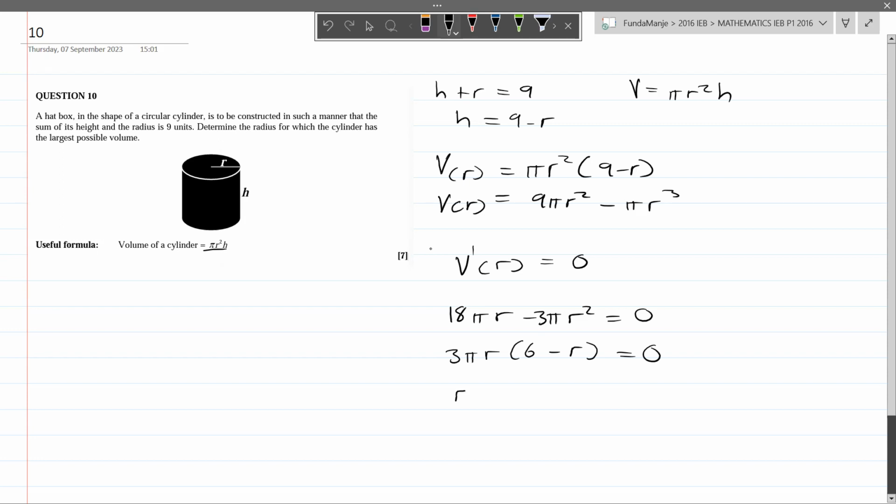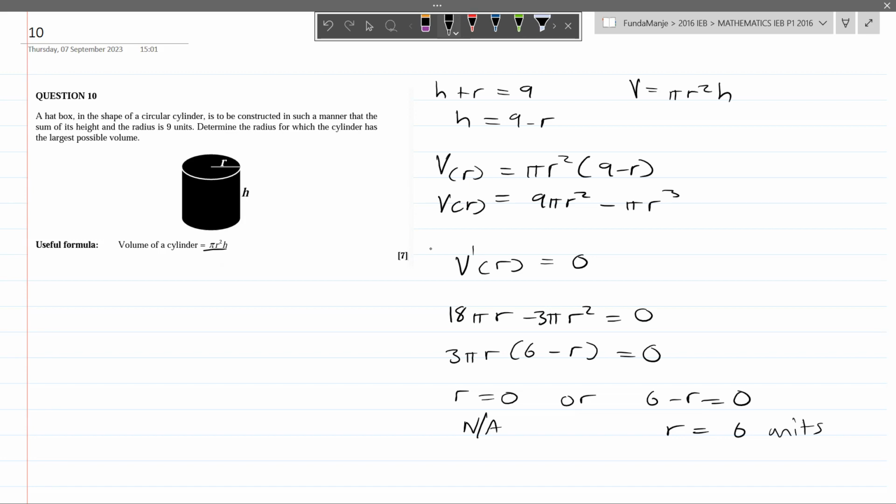Then from this we can say that r is either 0, or 6 minus r equals 0, where r is equal to 6. So this is the only one that makes sense, since our radius cannot be 0. It has to be a positive number, which is 6 units, and that would be our answer.